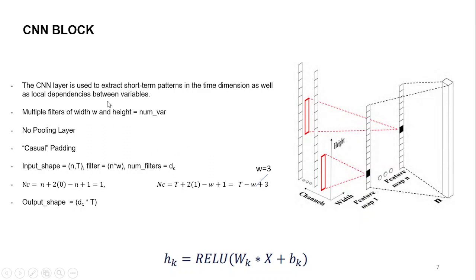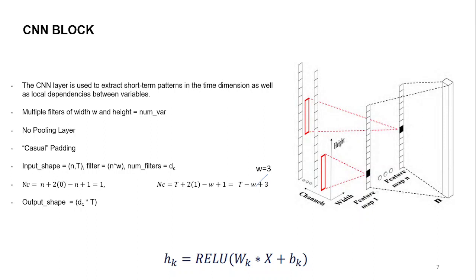The convolutional layer is not followed by a pooling layer as is usually the case, and causal padding was applied to the left of the input matrix to have a dimension of n by t, where n is the number of variables and t is the original time step plus the zero padding applied to the left.